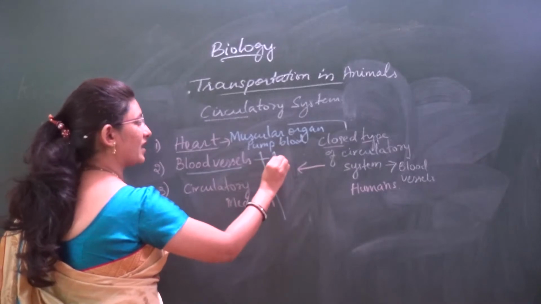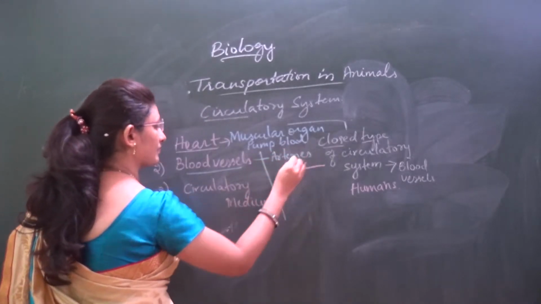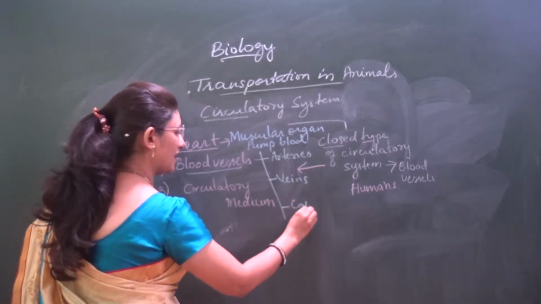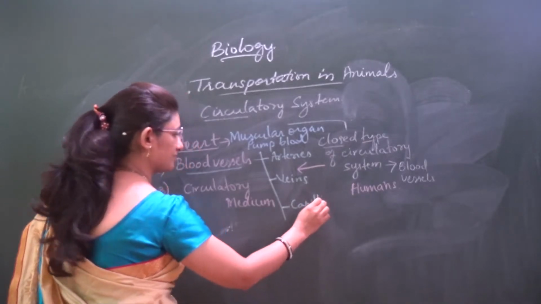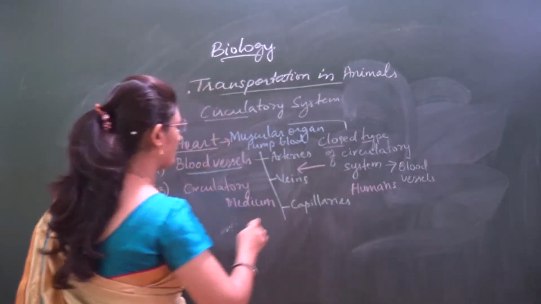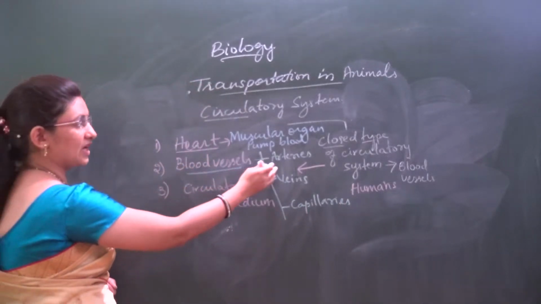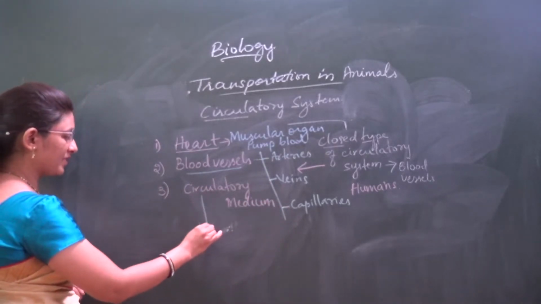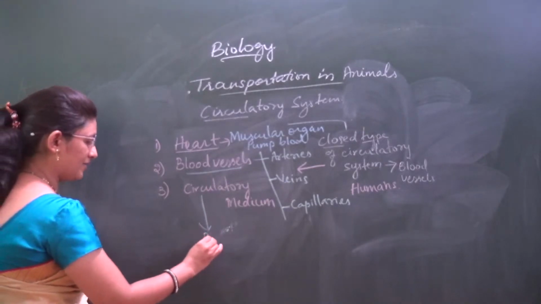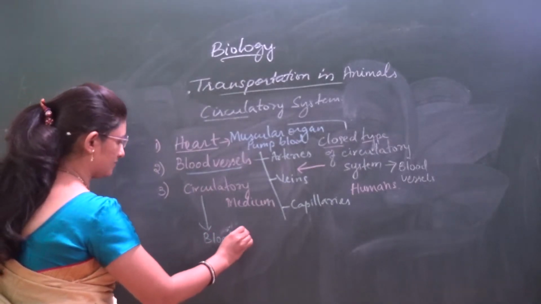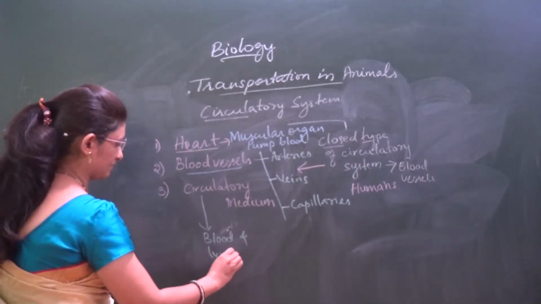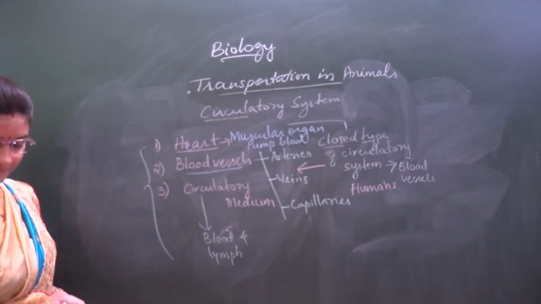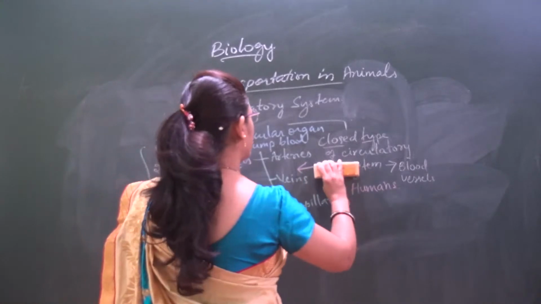They are consisting of arteries, veins, and capillaries. And the circulatory medium is the blood and the lymph. Okay. So, in a closed type of circulatory system, all these should be present. Let us see all these in detail.